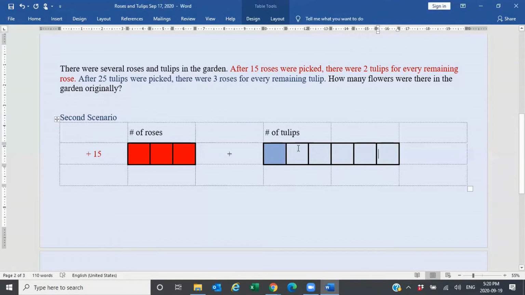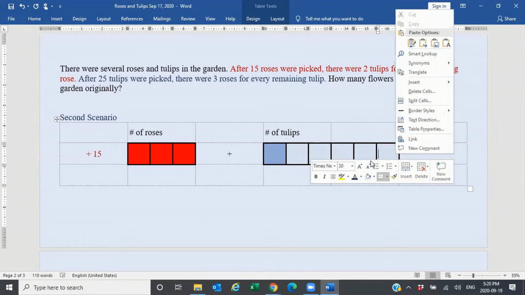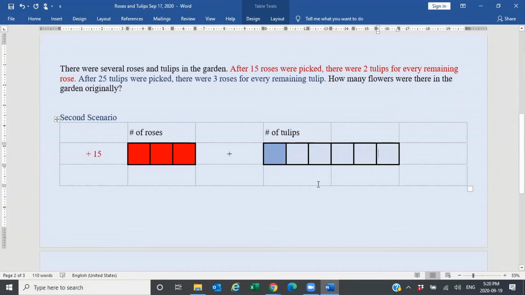That was a mouthful. Right, 25 divided by 5 is 5. So each smaller rectangle represents 5 tulips. Well, 5 flowers, of course. I'll just put 5 here. That's not a 5, is it?